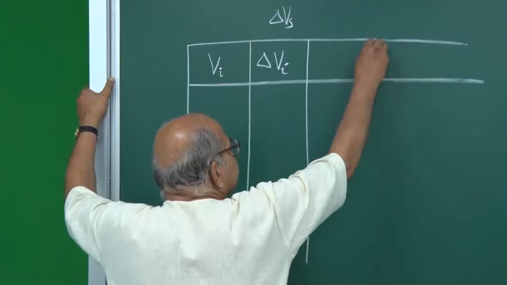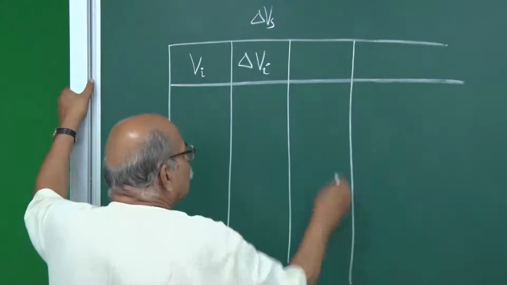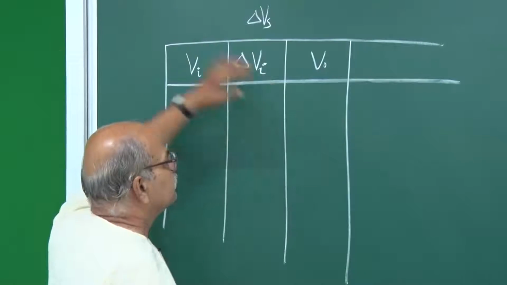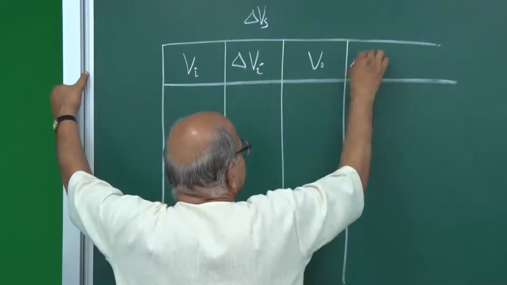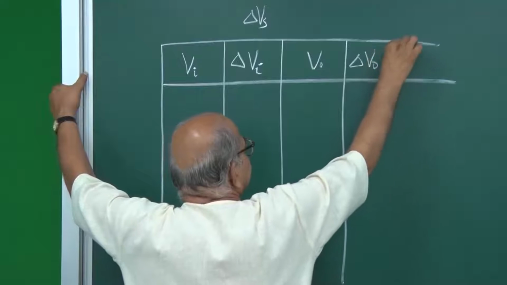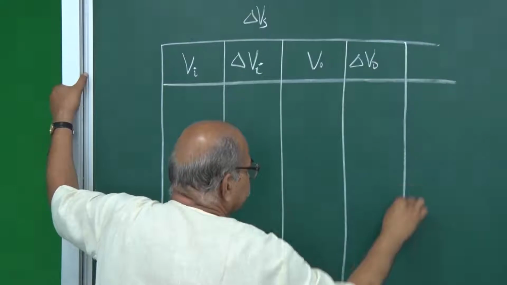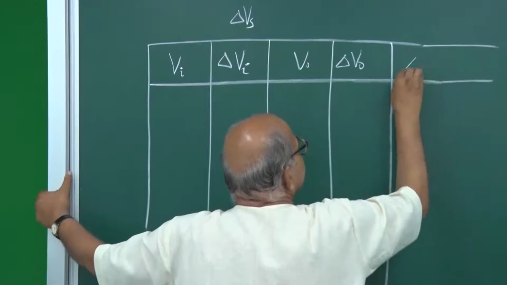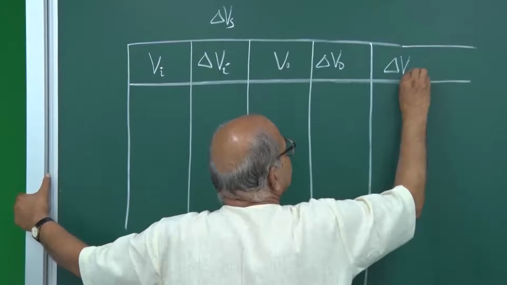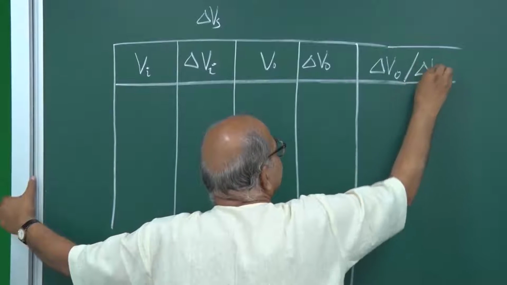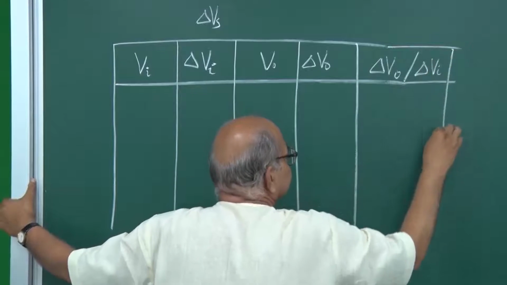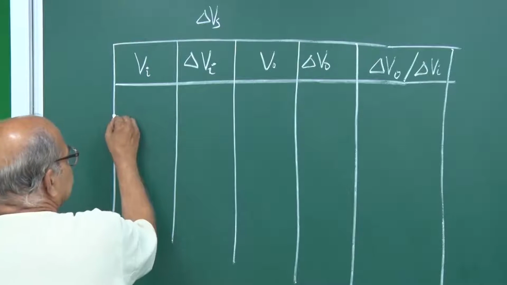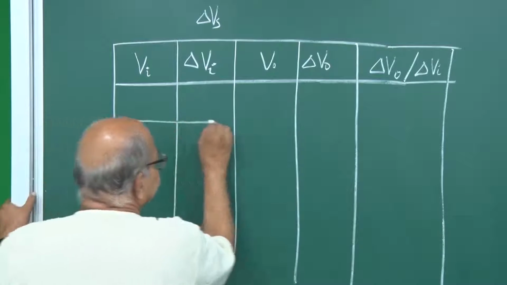Similarly, output Vo, that we will write here, and then we will see how that output voltage changes. That will be delta Vo, and then this will be our voltage gain, that is delta Vo divided by delta Vi. So, different readings we will note in different rows.